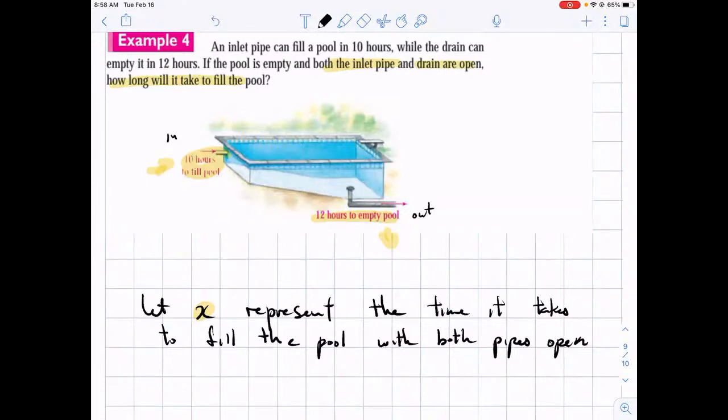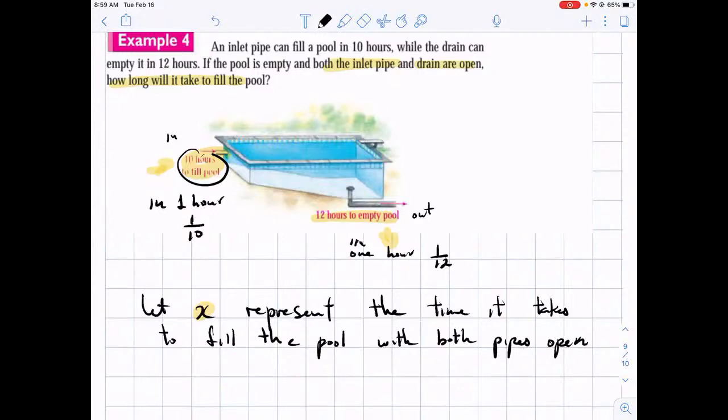So if the inlet pipe can fill the pool in 10 hours, then in 1 hour, it'll be 1 over 10. And if it takes 12 hours to empty, in 1 hour it'll be 1 over 12.